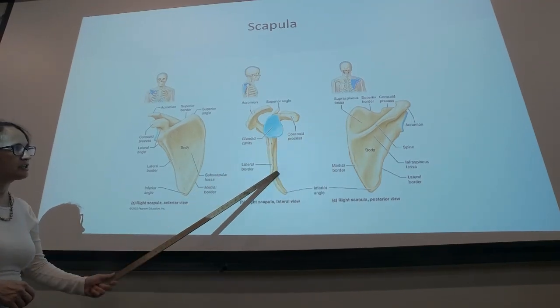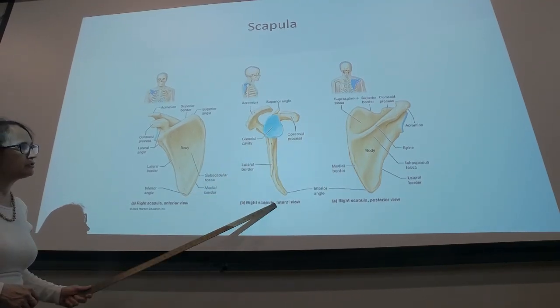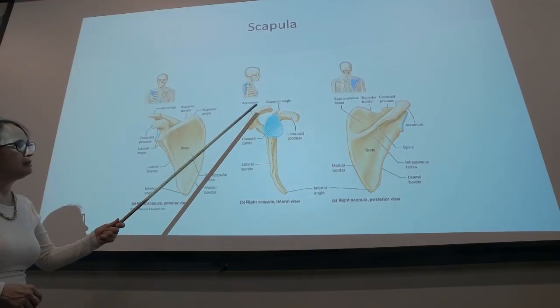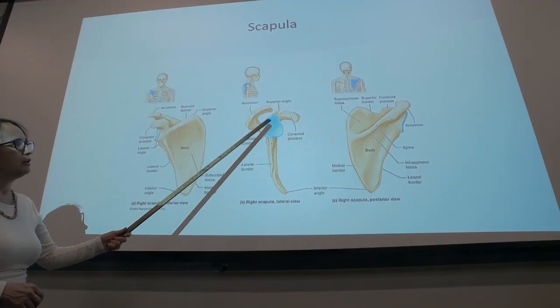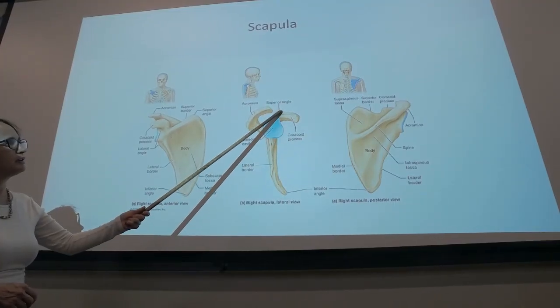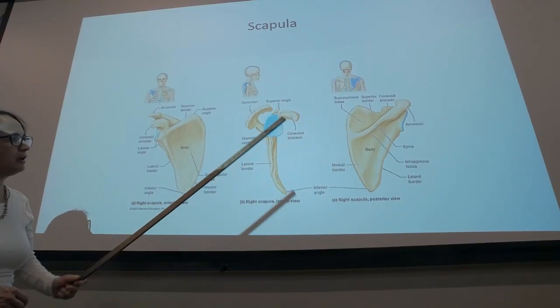This is anterior, so this is the subscapular fossa. This is posterior, so this is the infraspinous fossa. This is the supraspinous fossa. Glenoid cavity, coracoid process. You can see the superior angle here, the acromion.